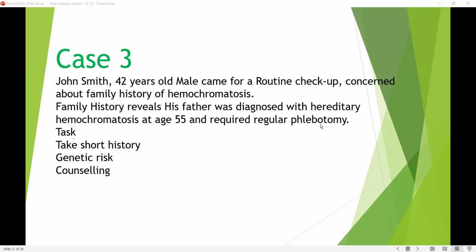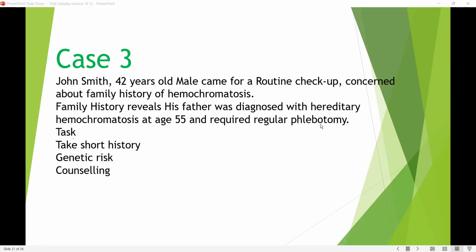One of the genes that we test for is called the HFE gene. And like I mentioned, it has an autosomal recessive pattern. That basically means you need to have two copies of the same gene to have the disease.